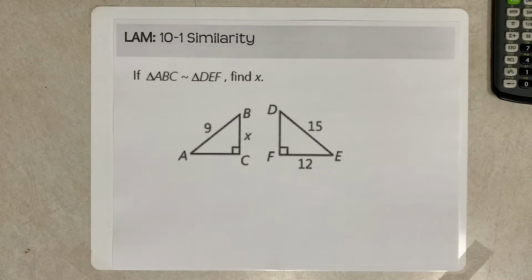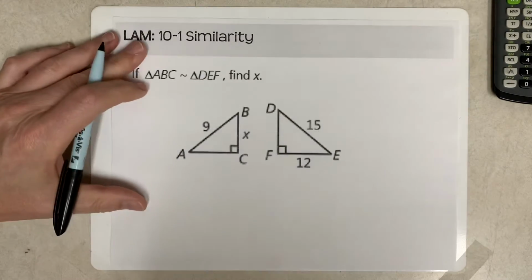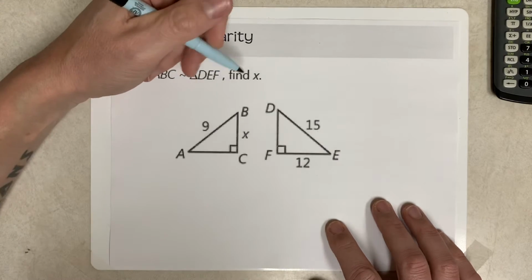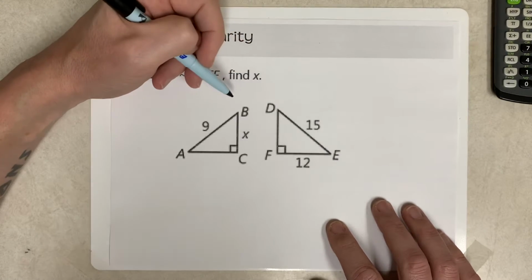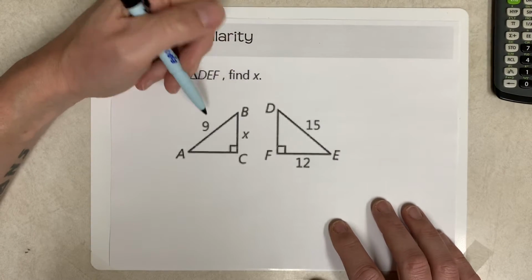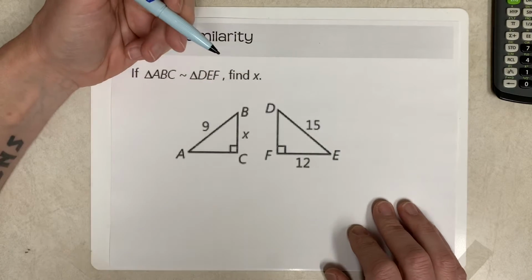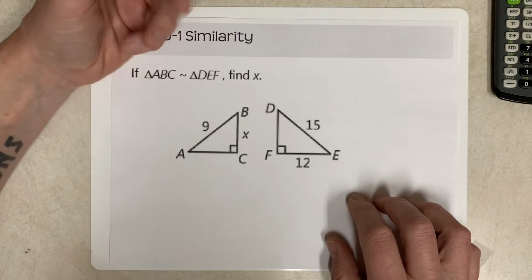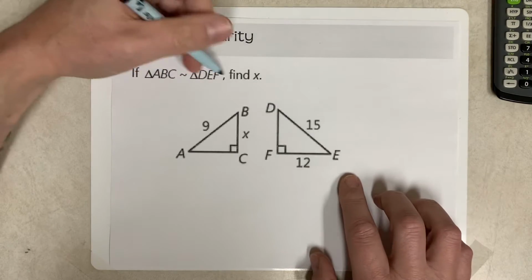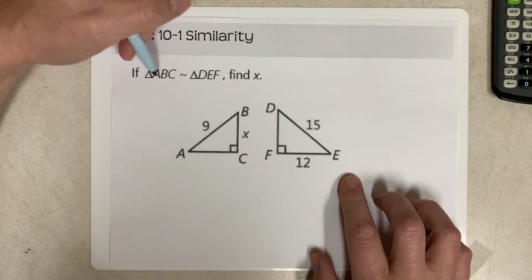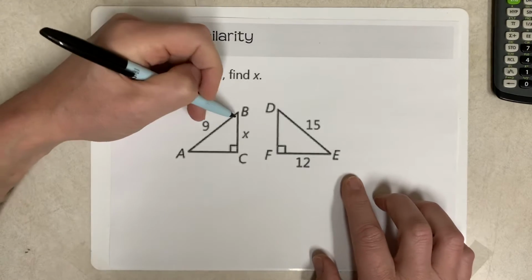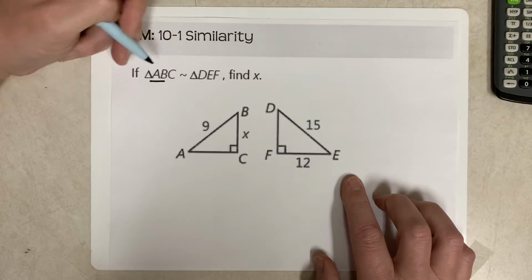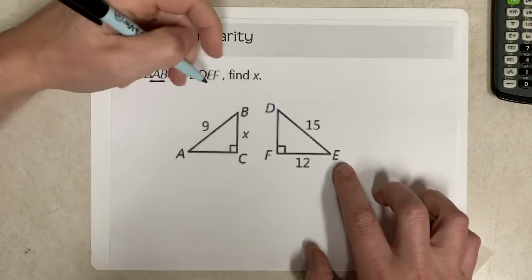Okay, this one says to find x. Let's find our scale factor first. So our scale factor would be, let's see, this one and this one. This is going to be interesting, how these match up. Well, it tells us what the similarity statement is right here: A, B, C, D, E, F. Well, we have AB and we have DE.